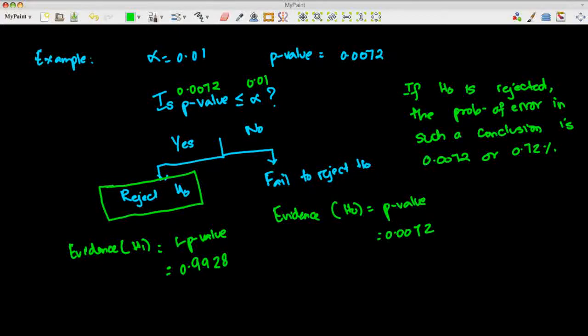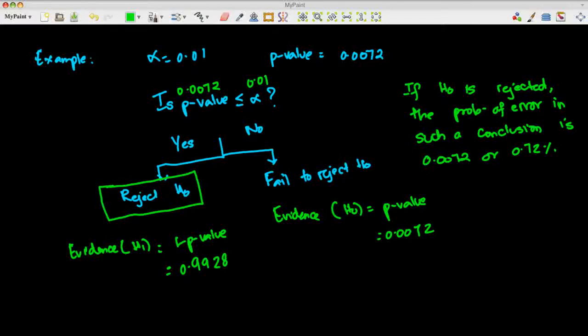So if you use this informal interpretation, the amount of probabilistic support toward the null is close to 0%. The amount of support toward the alternative is close to 99%. So if I repeated this test 100 times, 99% of the time I'm going to agree with the alternative, 1% of the time I'm going to agree with the null, which tells me that the alternative is more likely to be true than the null.